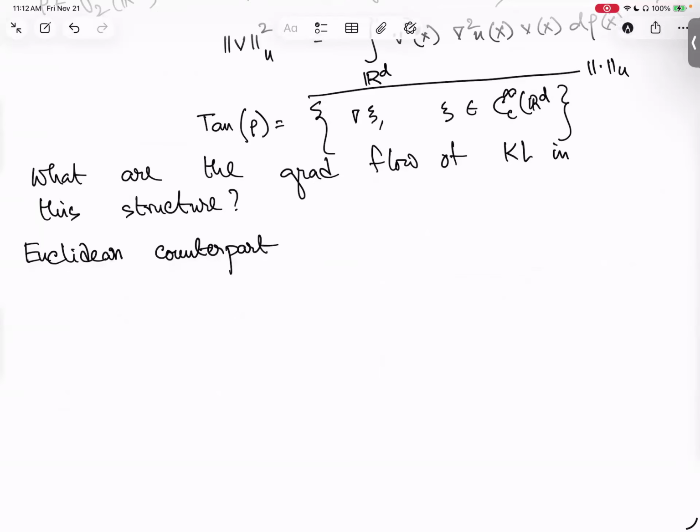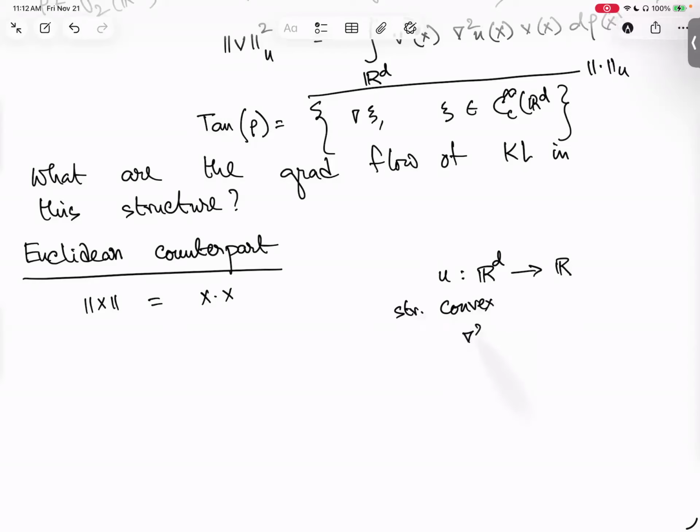Now, in the Euclidean space, you can do the same thing. You can look at the norm of x to be just the Euclidean inner product x dot x. Or you can say, okay, I have a function u from R^d to R, which is convex, let's say strictly convex.